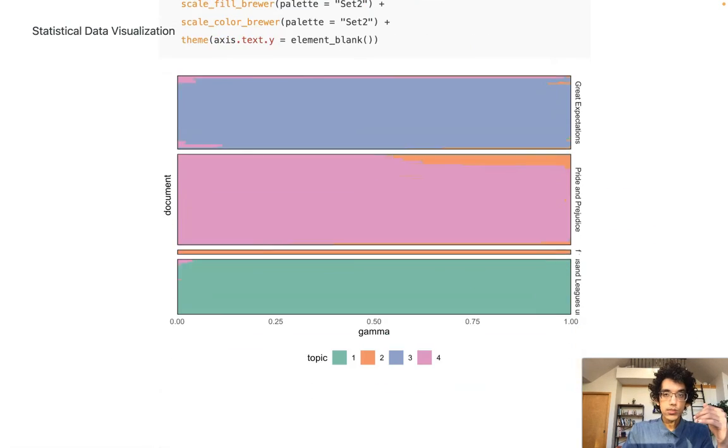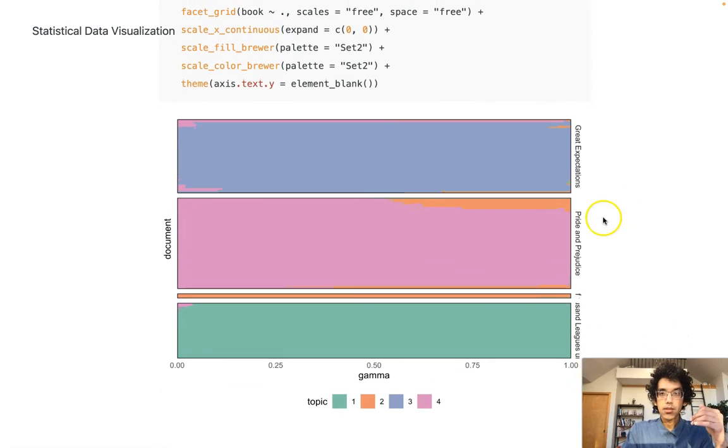This is what a structure plot looks like. Each row is one document, so it'd be like one paragraph in the entire collection. And you can see each row is actually a mixture of many different colors. So here it's a lot of purple or a lot of pink and then a little bit of red.